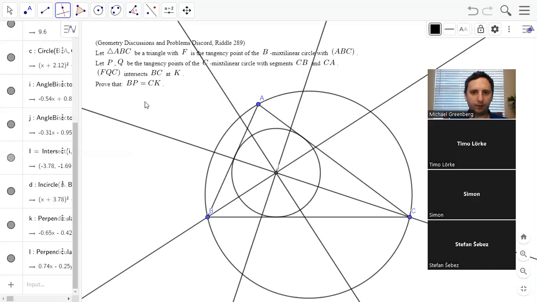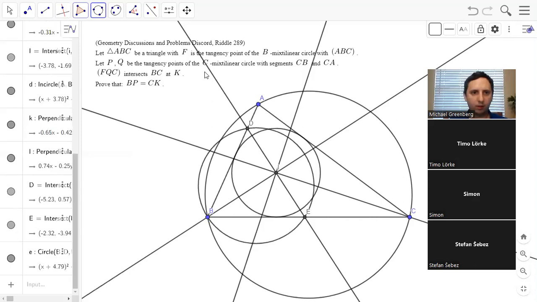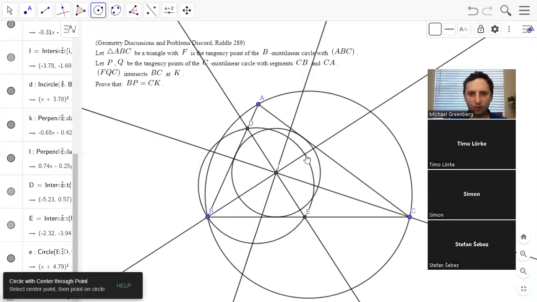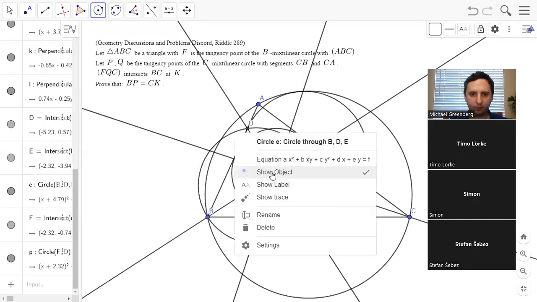And then this is going to be the center. Okay, so this is one of the mixed linear incircles.